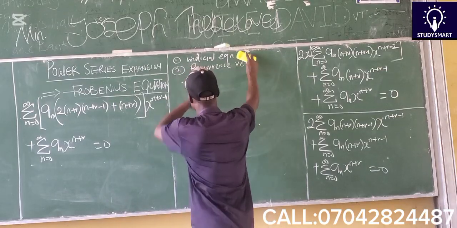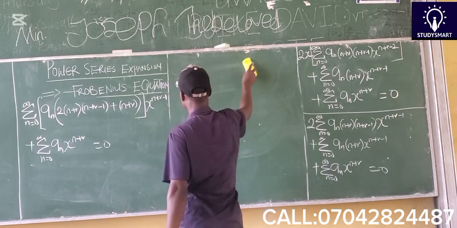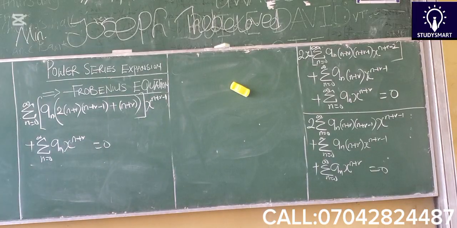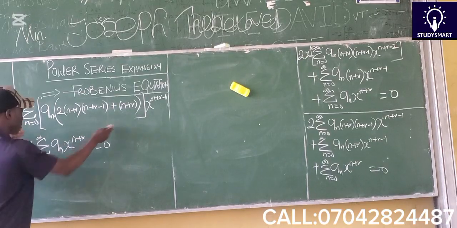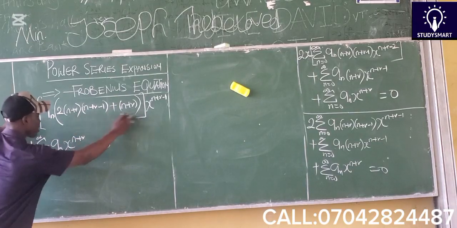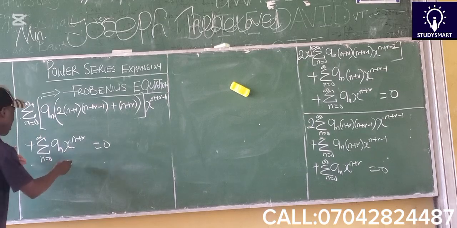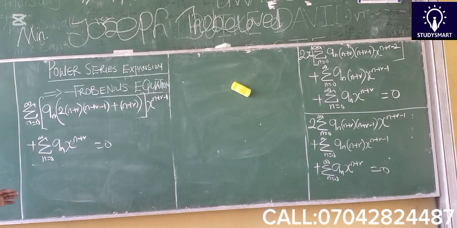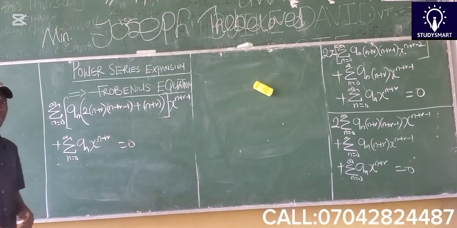So how are we going to get our indicial equation? Firstly, we need to get the indicial equation. From the first term, let's leave the last term. This is the first term, the whole of this, and this is the second term, but let's leave the second term first and focus on the first term.